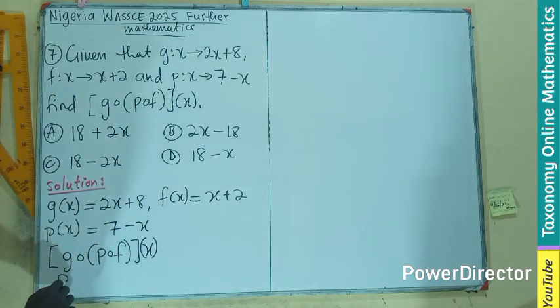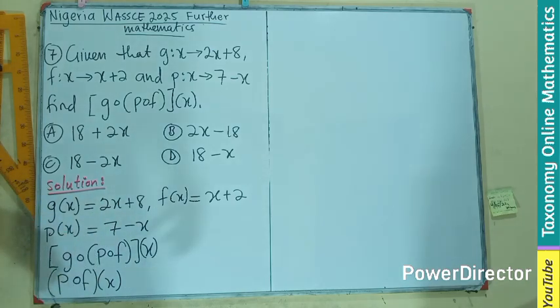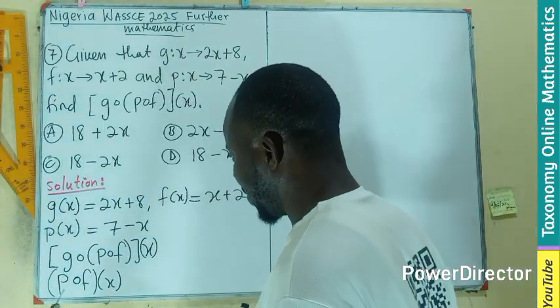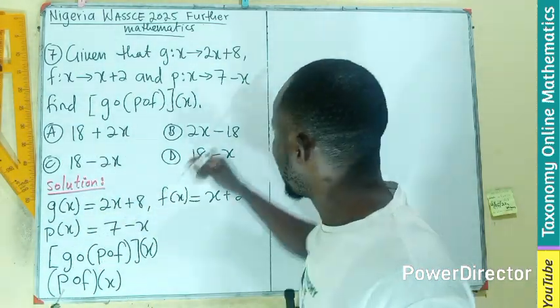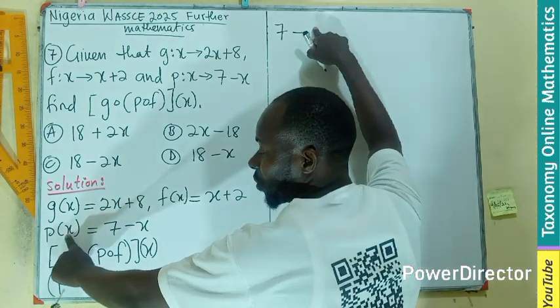So let's pick p of f of x, meaning putting in the value of f inside the position of x for p. What is p's value? p is 7 minus x. The pregnancy is on x.